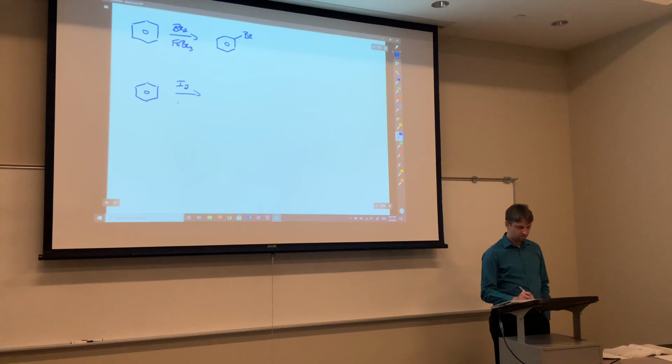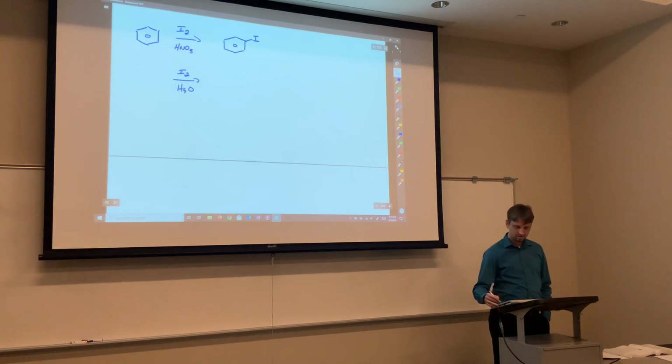So I2 with some nitric acid, not nitrous acid, that'll do the trick. Or apparently you can use I2 with some mercury oxide. Or use CO2.